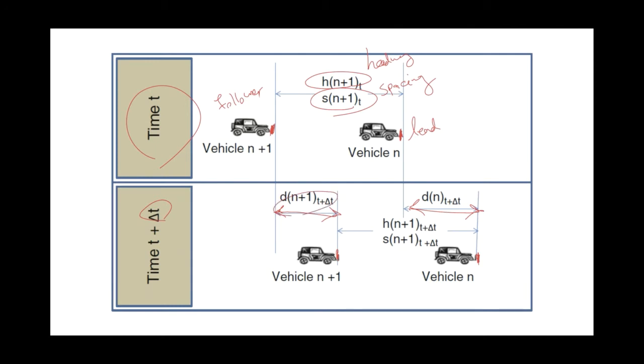And this one is the distance traveled by vehicle n plus 1, which is the follower, from time t to time t plus delta t. And as a result, we have a new headway and new spacing, right? So that can be represented as h(t plus delta t). That's the headway. And there's also a new spacing, s(t plus delta t). So these are the kinds of notations that we're going to use in car following models.